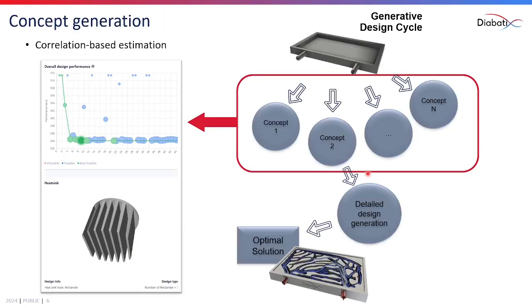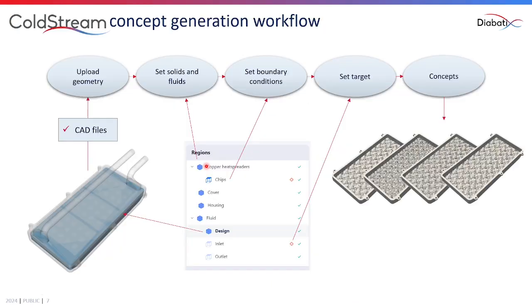For today's webinar, I will mainly cover the first half, the concept generator stage, where you get, as I mentioned, a wide variety of different concepts, and in our software there is a very nice interface to give you insight into what design change affects the performance, as well as what design was attempted for each iteration. But more on that later on.